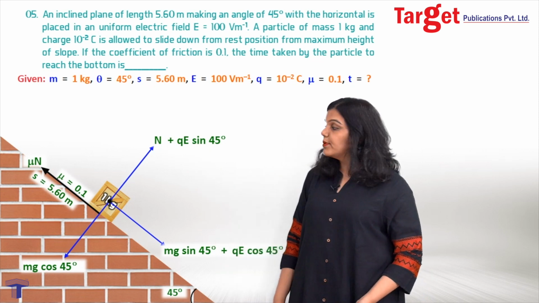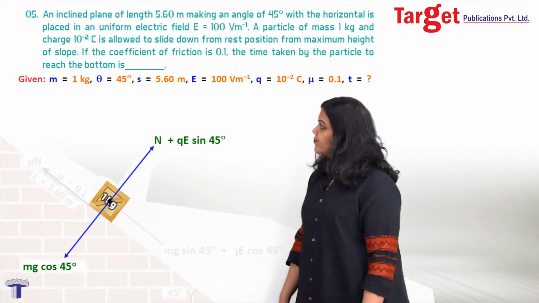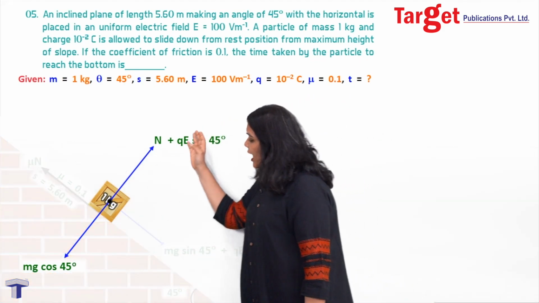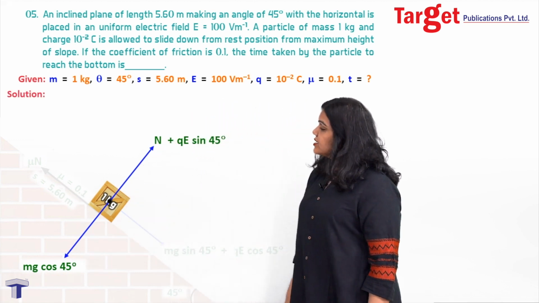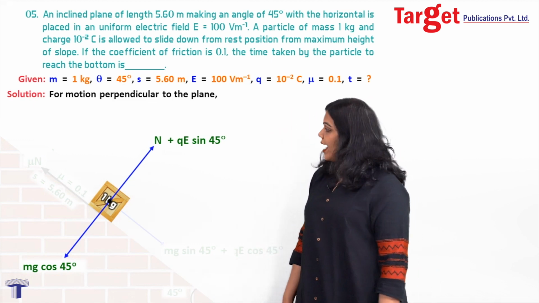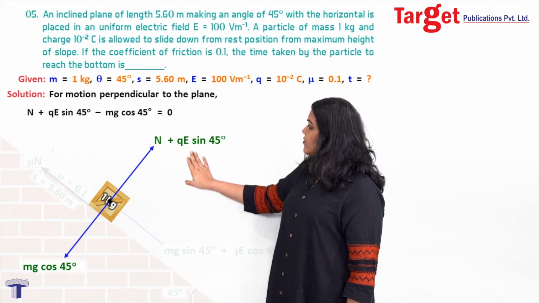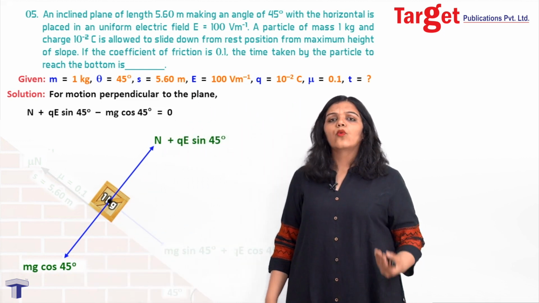And now it's very simple. All you have to do is apply Newton's laws in each direction. So look at the direction perpendicular to the plane. For motion perpendicular to the plane, I will write Newton's law as N plus QE sin 45 minus mg cos 45 is equal to 0. Why 0?